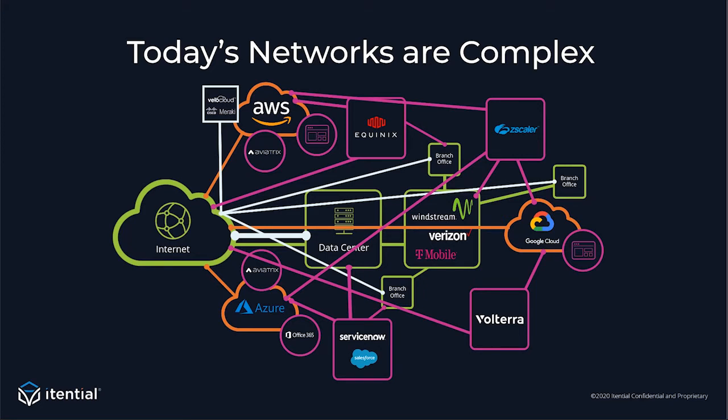And so the connectivity between a cloud and the on-prem was one issue. But what about how we connect all these different clouds together, applications in the cloud? So I've got VPCs here and VNets over here. How do we do that? It gets very complicated very fast. And then on top of that, just cloud native services, for security and things around that, are a piece of this as well.